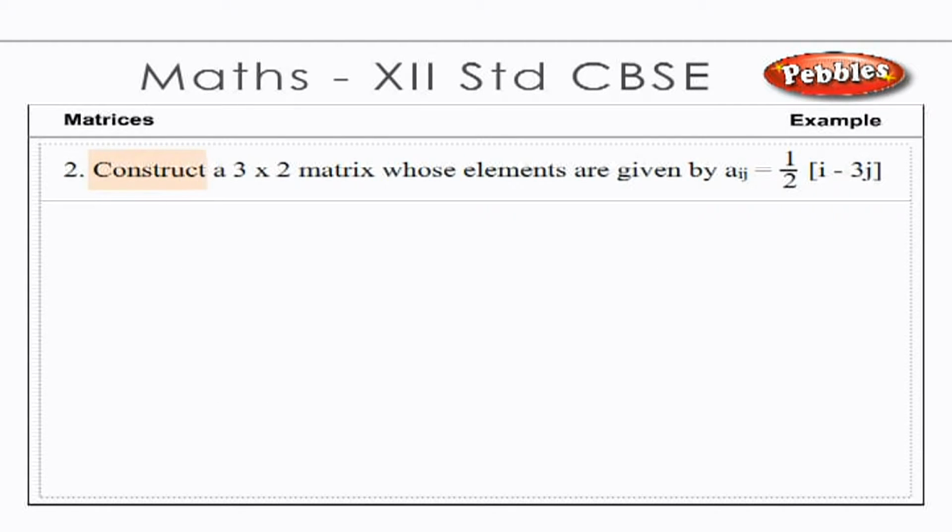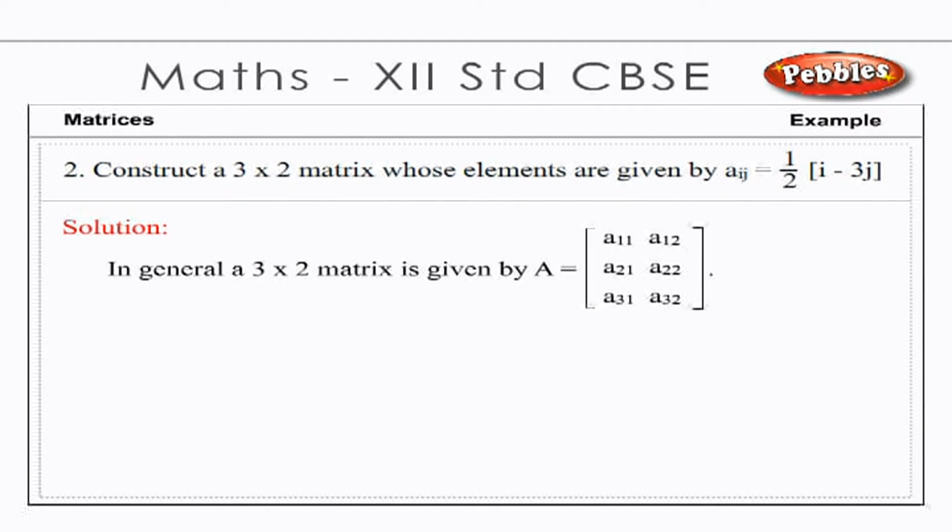Example: construct a 3 × 2 matrix whose elements are given by a_ij = 1/2 |i − 3j|. Solution: in general, a 3 × 2 matrix is given by A = [a11, a12; a21, a22; a31, a32].